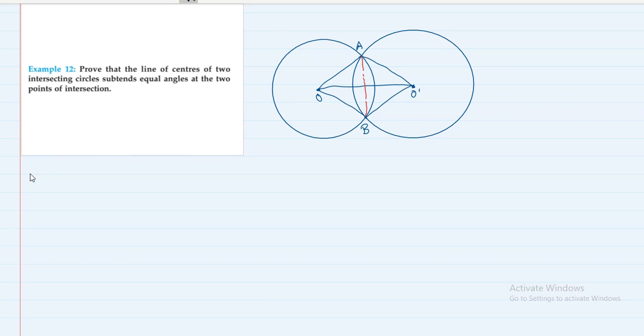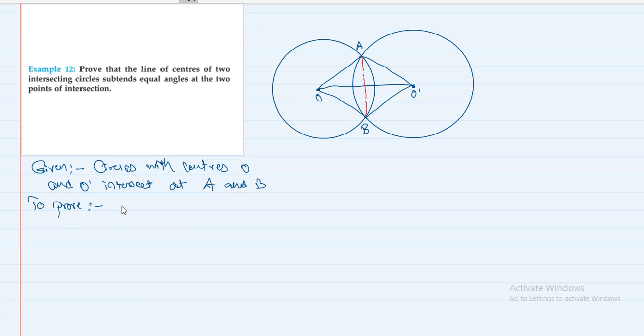Okay, so let's mention given, to prove, everything. Given: circles with centers O and O dash intersect at A and B. To prove: angle OAO dash is equal to angle OBO dash, that is the line joining the centers of two intersecting circles subtends equal angles at the 2 points of intersection.